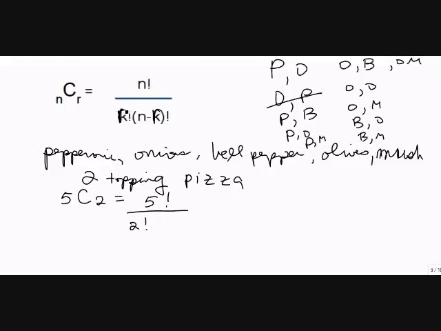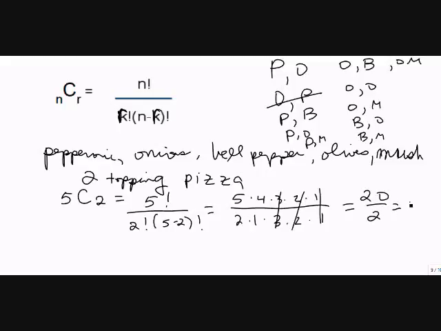That's supposed to be an R. It's 5 times 4 times 3 times 2 times 1 over 2 times 1 times 3 factorial, 3 times 2 times 1. Let's cancel out the ones that'll cancel. That is 20 over 2, which is 10, just like we predicted. And in your calculator, you should get 10 when you say 5C2.